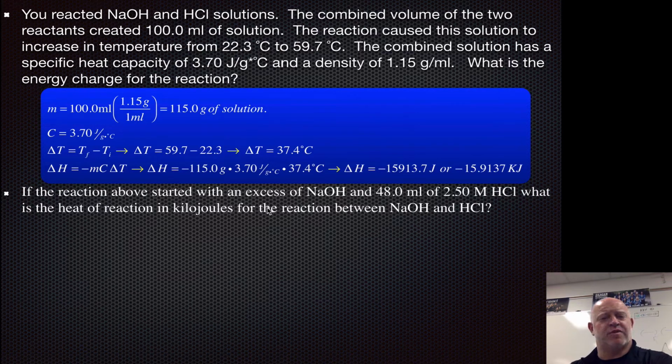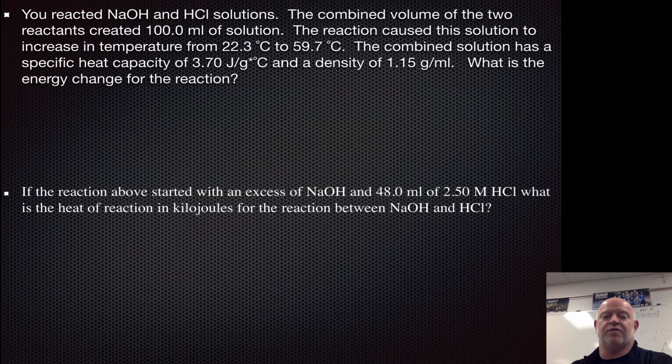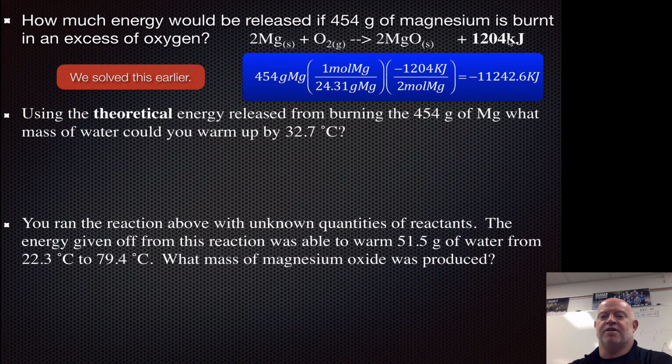So let's be specific about what we're asking for here. This number in kilojoules was the energy given off when I used a very specific amount of my NaOH and HCl. This number is not the heat of reaction. Heat of reaction is a number you would write in line with a balanced chemical equation.